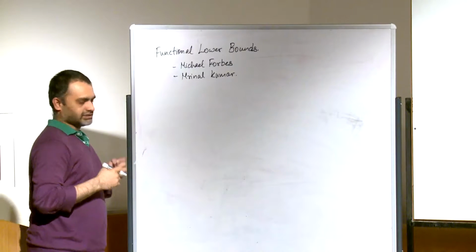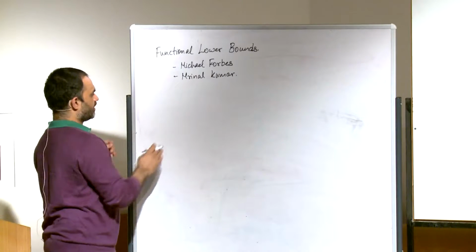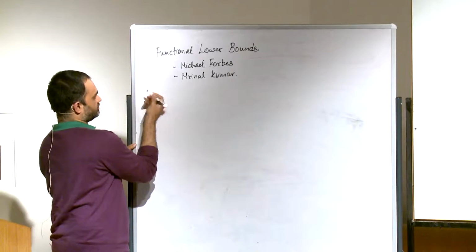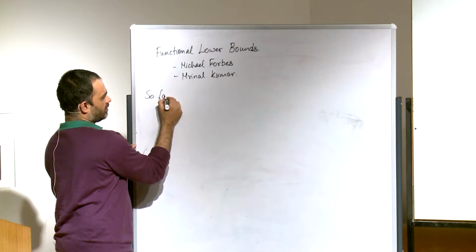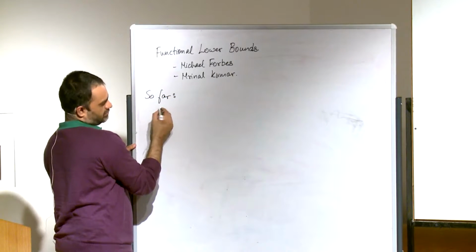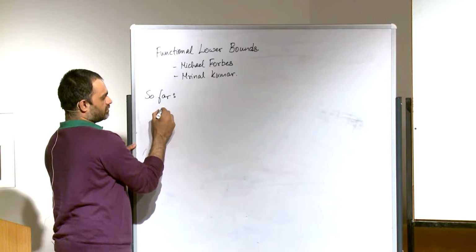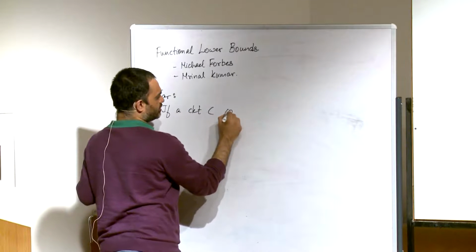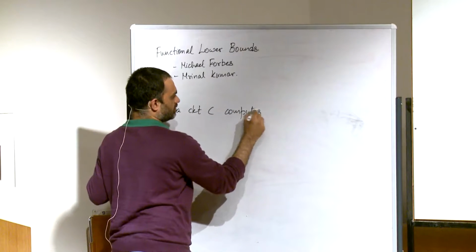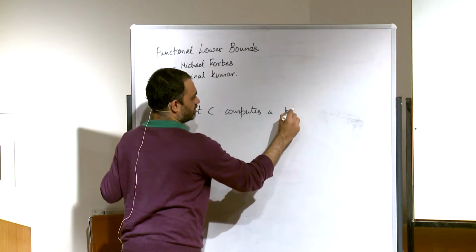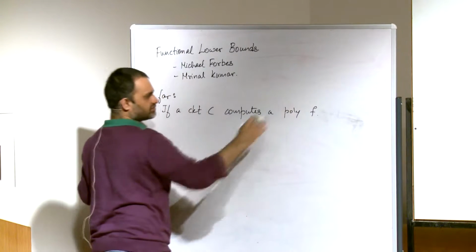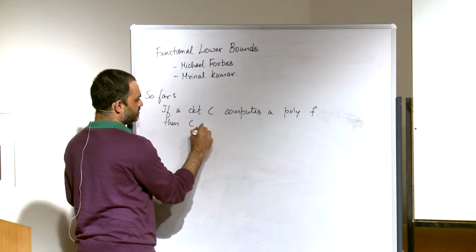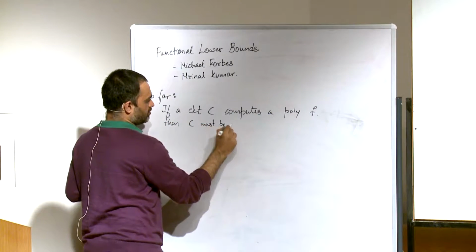Yeah. Okay, so let me motivate the problem. So far, we've been looking at lower bounds in arithmetic circuits of the following form. If a circuit C computes a polynomial f, some sort of hard polynomial, then C must be big.